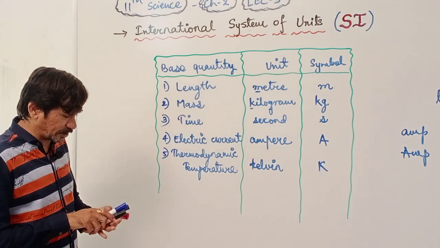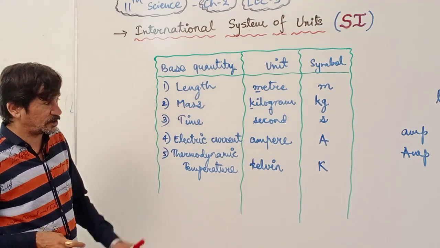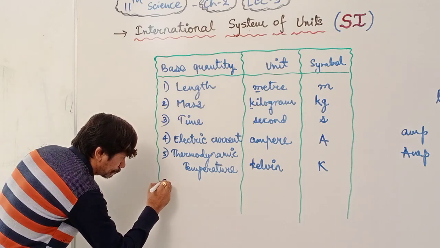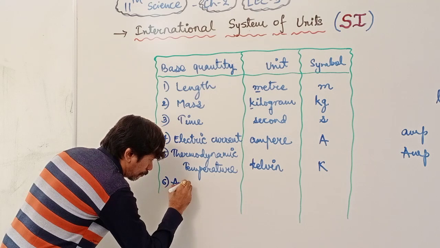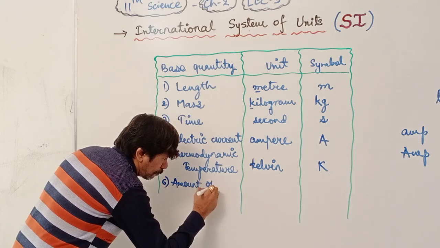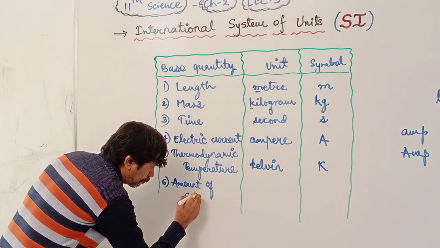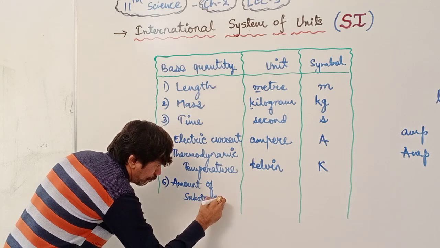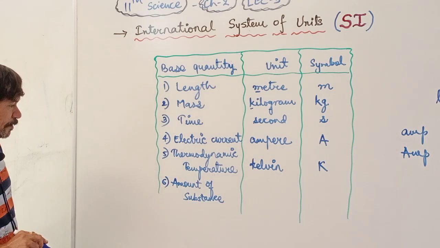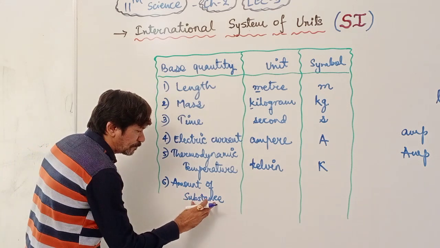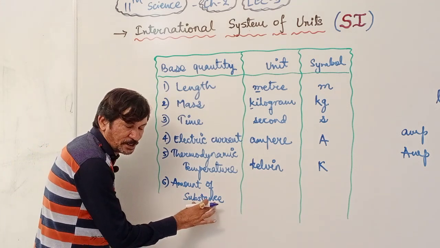Now physical quantity number 6, amount of substance. Substance means an object, anything.